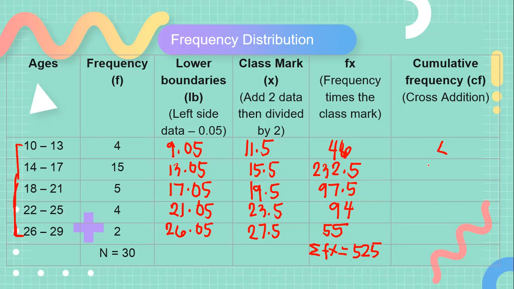Then 4 plus 15 is 19. Then 19 plus 5 is 24. Then 24 plus 4 is 28. Then 28 plus 2 is 30. Okay. Now let's proceed to our next slide.